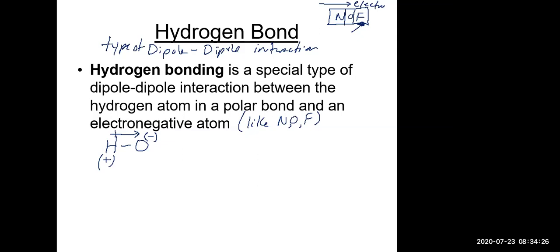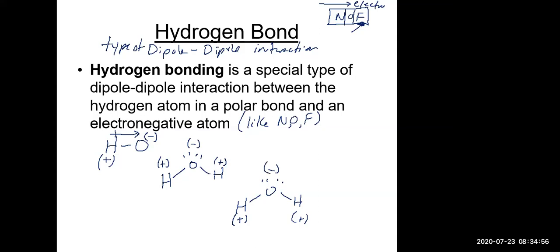And that's why when we look at water and another water molecule, the positive and negative for water is here: hydrogen is more positive, oxygen is more negative.